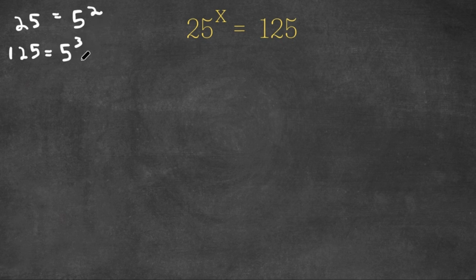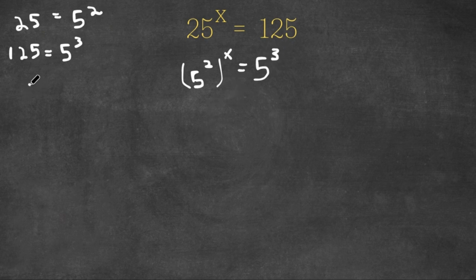So if we plug these values in for our numbers here, both our bases would be 5. So now we have 5 squared to the power of x is equal to 5 to the power of 3.